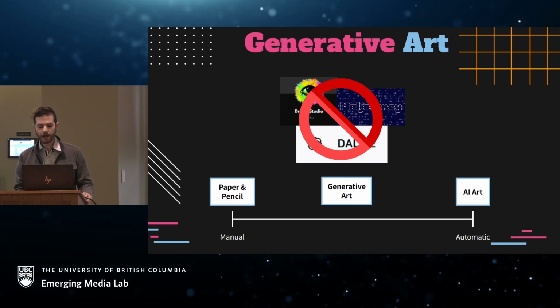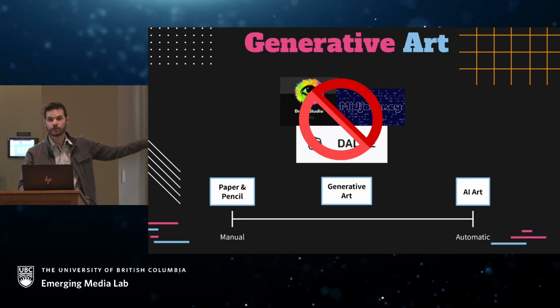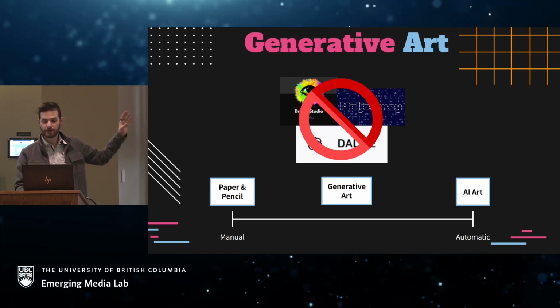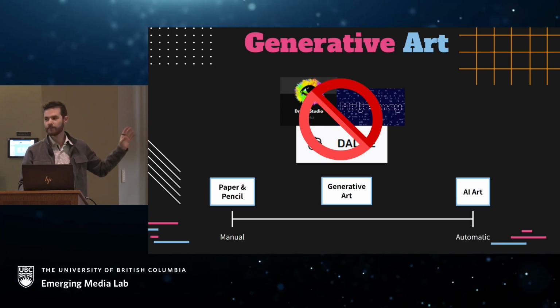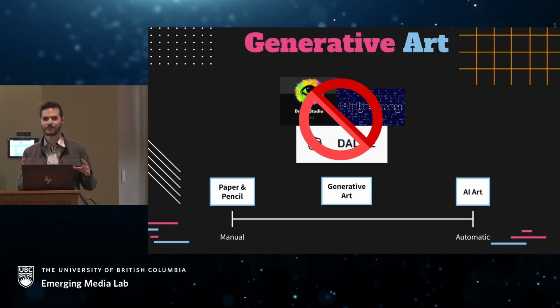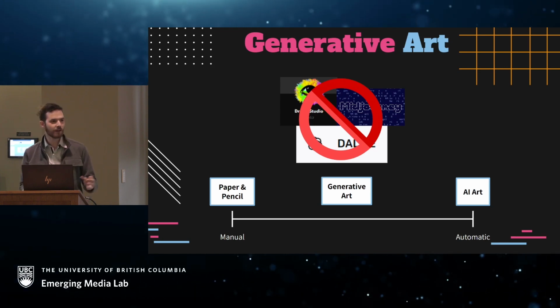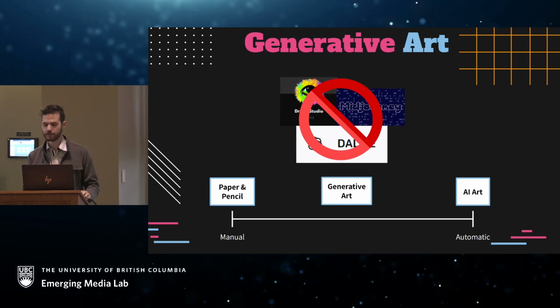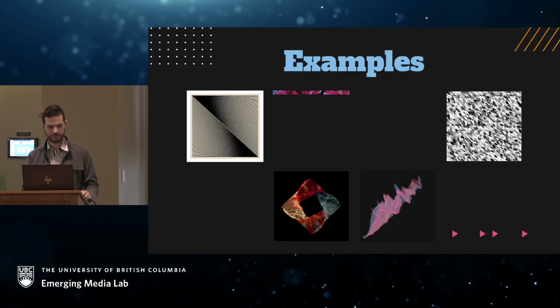With AI art, the human has very little control over the process. But in the middle, we have generative art, and this creates a really yummy zone right between the two, where you have this lovely creative relationship between the computer and the human.